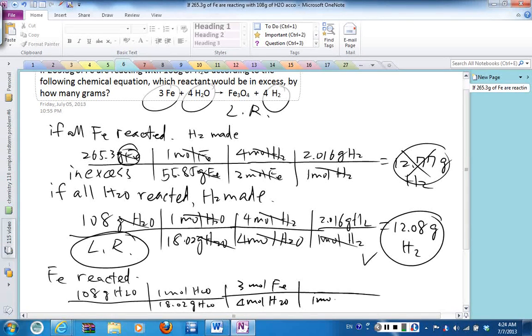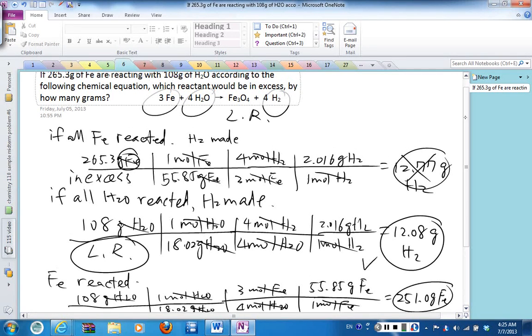Each 1 mole of iron is 55.85 grams. Grams of water cancel, mole of water cancel, mole of iron cancel, leaving grams of iron. Carry out this calculation, and you get 251.0 grams of iron. This is the iron reacted.